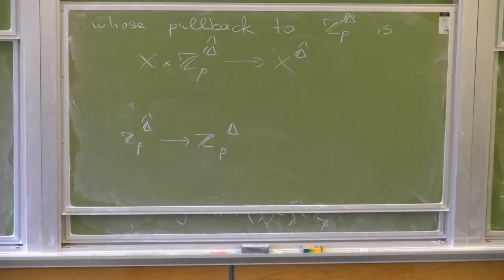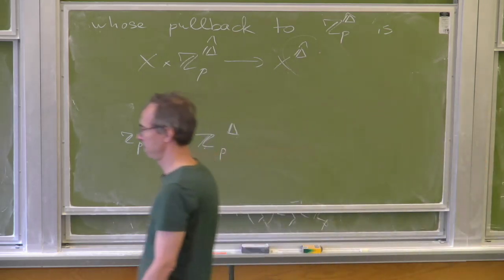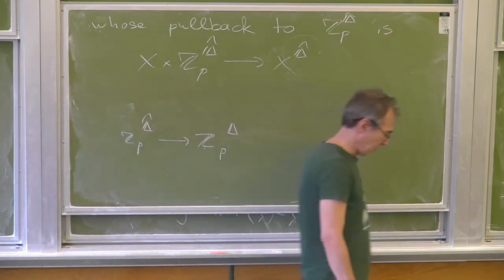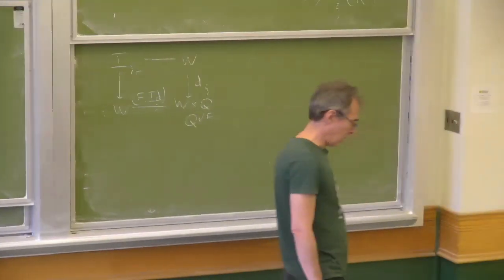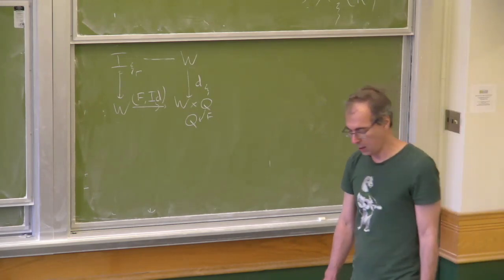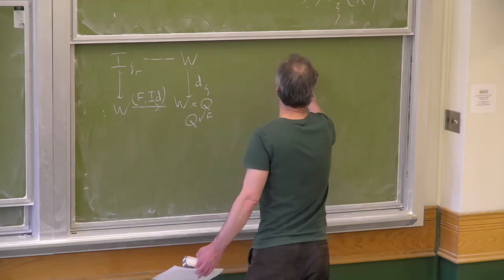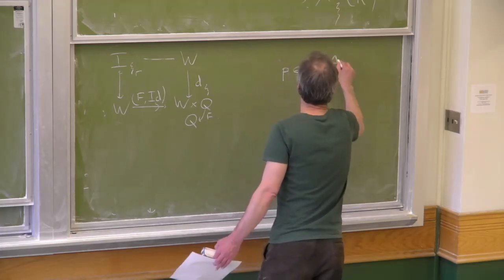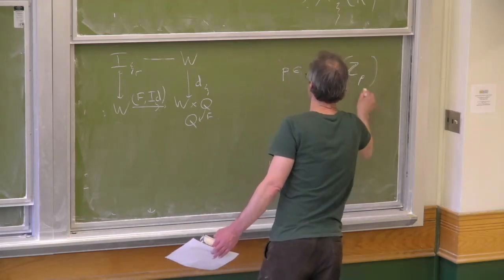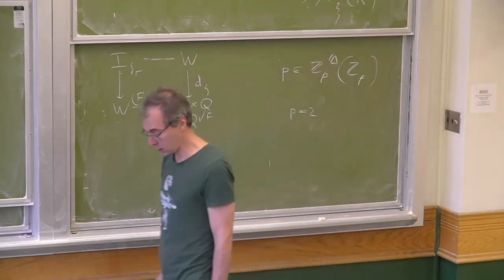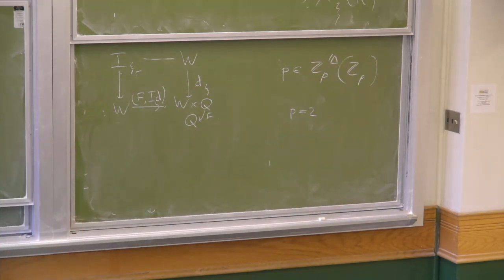Okay, is the statement clear? It's in the process of becoming. So, for instance, the point ZP has two shearings when p is 2. One corresponds to what we call the sheared de Rham stack.